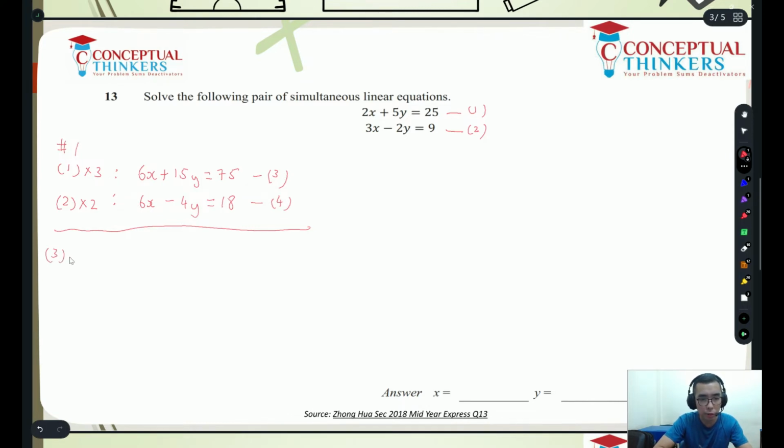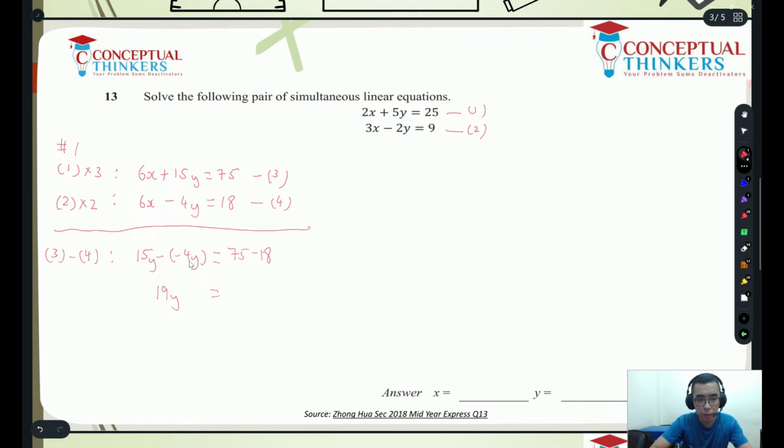So I'm going to take equation 3 minus equation 4. 6x minus 6x gives me 0. Then 15y minus negative 4y, and 75 minus 18.